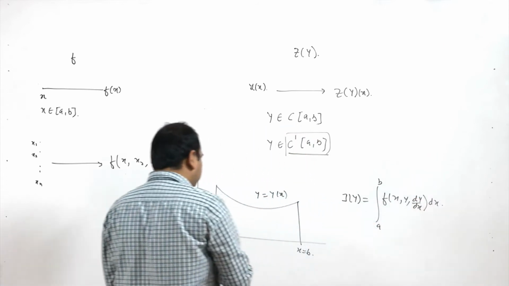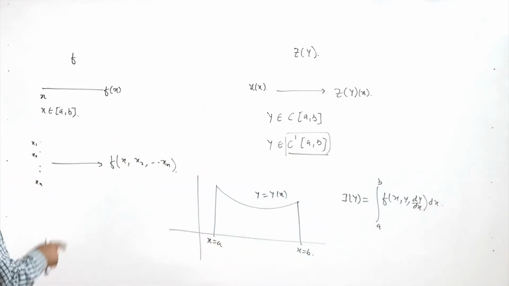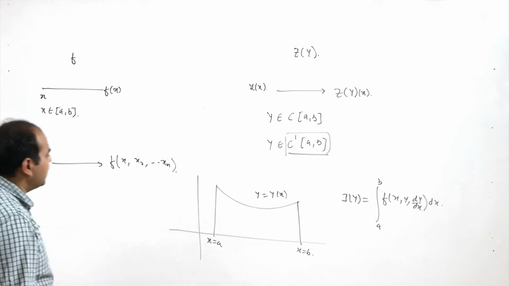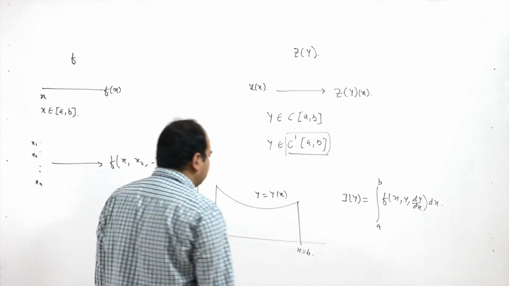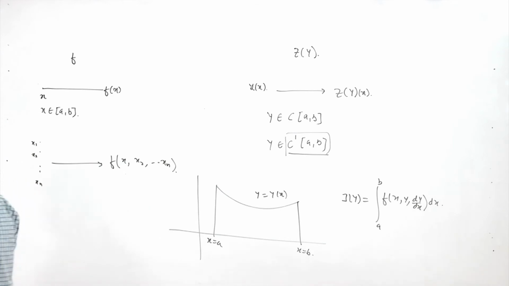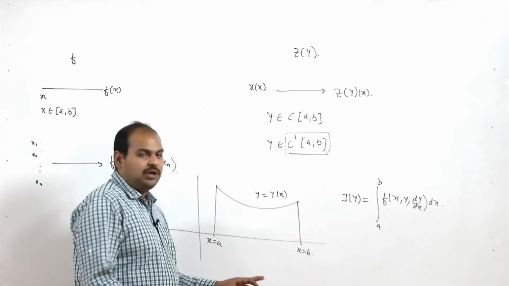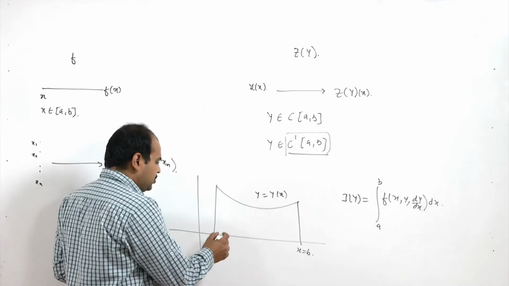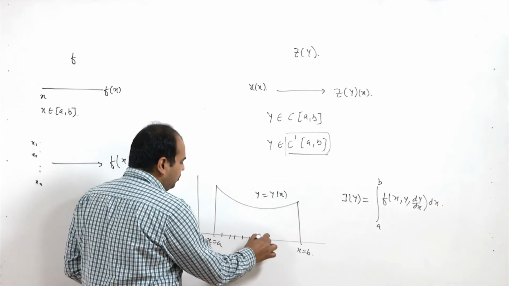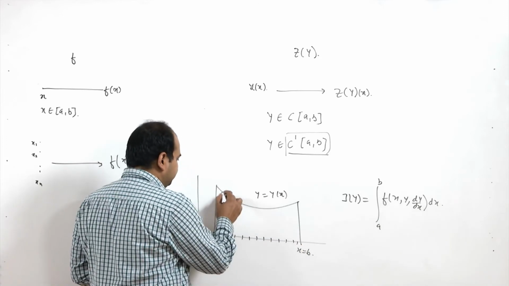And we try to find out the relation of this functional to the functions in classical analysis. So what we try to do here is truncate this interval a to b into n plus 1 equal parts.